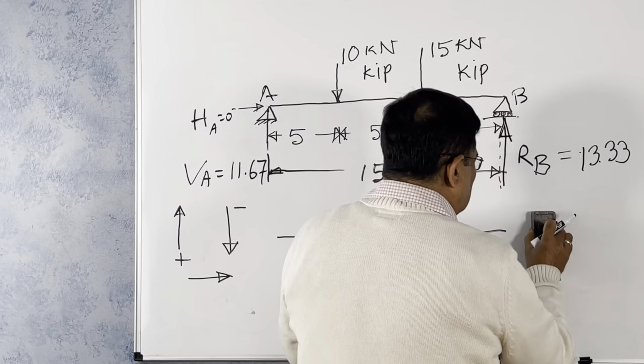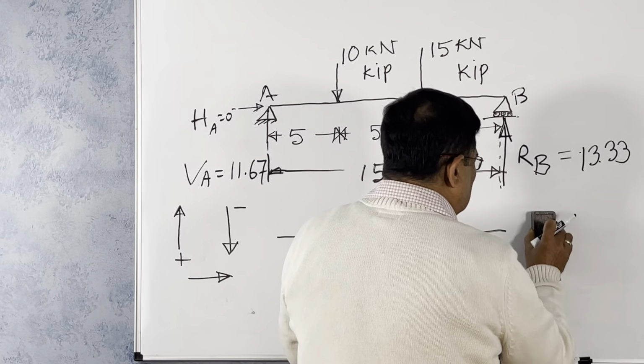Then just left of this point, it is still 11.67. As soon as it arrives at this point, suddenly the 10 kilonewton comes down. So this value will be 11.67 positive, minus 10, it will be 1.67. Still positive. It is coming down by 10, but still positive.